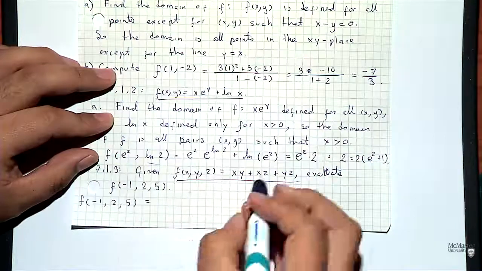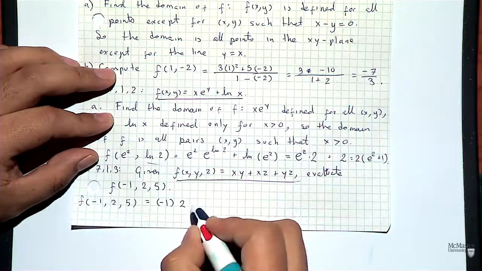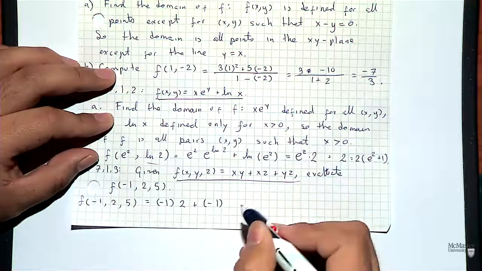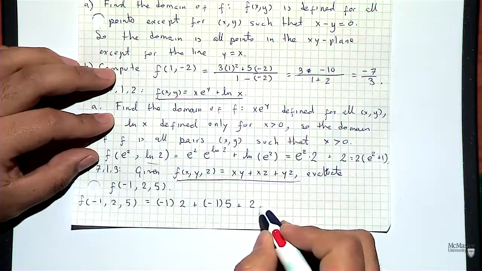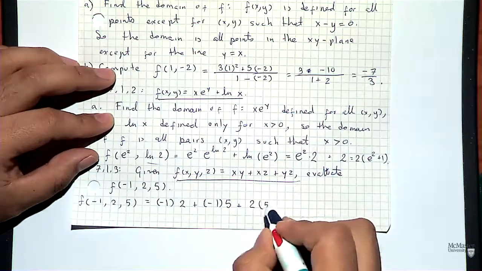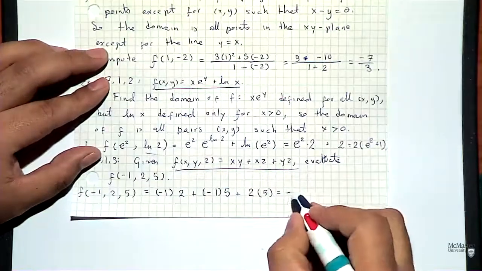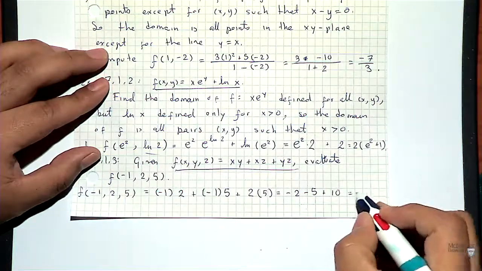So x is equal to minus 1, y is equal to 2, plus xz, x is minus 1, z is equal to 5, plus yz, y is equal to 2, z is equal to 5. Okay? So if you do the computation, this is minus 2, minus 5, plus 10, 10 minus 7, you have 3.